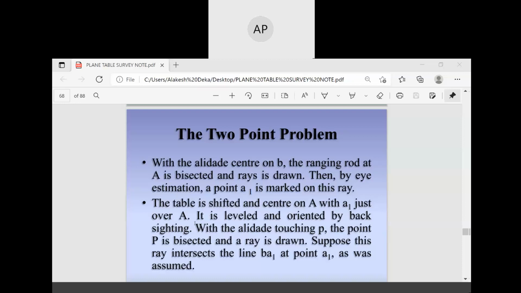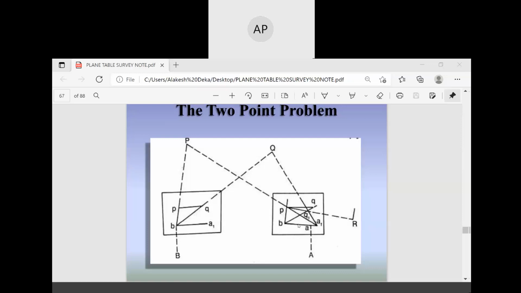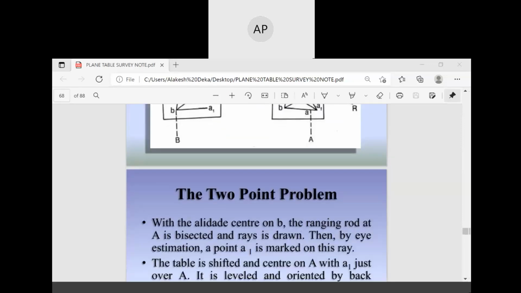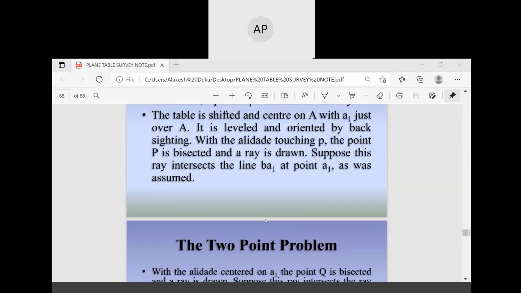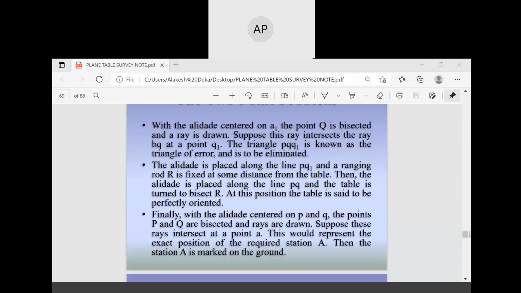Suppose this ray intersects line BA1 with this BA1 line, as was assumed. With the alidade centered on A1, the point Q is bisected and the ray is drawn. Suppose this ray intersects the ray BQ at a point Q1.